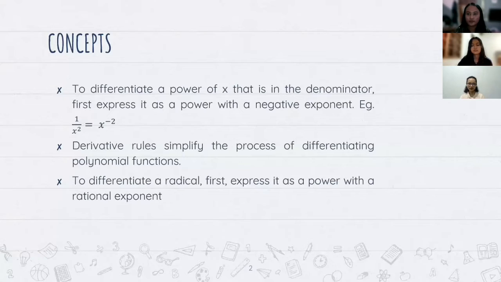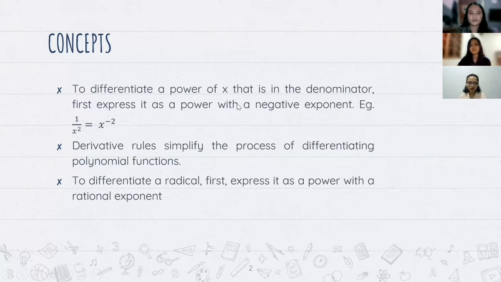Okay, before we discuss the solution of differential problems, let's review the subject. The first review is about concept. First, to differentiate a power of x that is in the denominator, first express it as a power with a negative exponent.